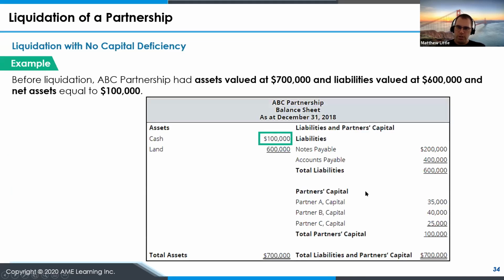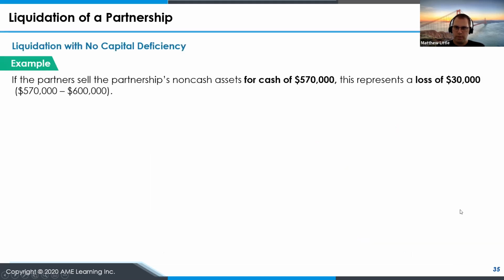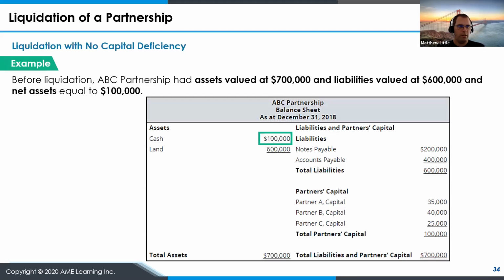So we have a situation here that says before liquidation, ABC Partnership had assets valued at $700,000 and liabilities of $600,000. Therefore, their net assets were $100,000 for these three partners. Now, if the partners decide to sell the non-cash assets for $570,000, this represents a loss of $30,000. So if we go back for a second, the non-cash is just some land worth $600,000.